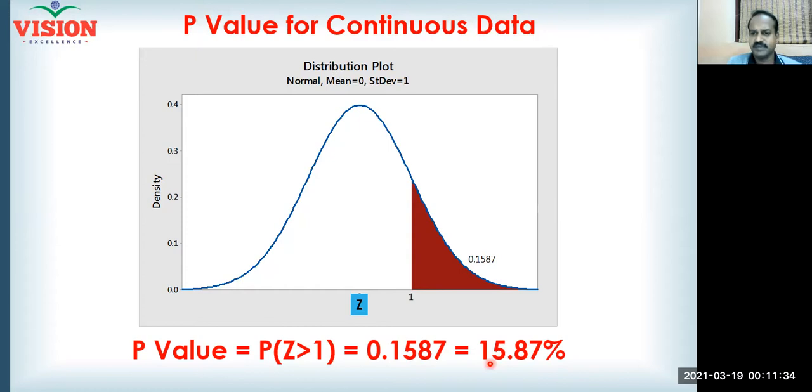Suppose your level of significance is 5%. We understand that the probability of significance calculated is more than the prescribed value of 5%, which is the level of significance. Under such a scenario we don't reject our null hypothesis. That means there is no significance in the study. This is what we generally consider.